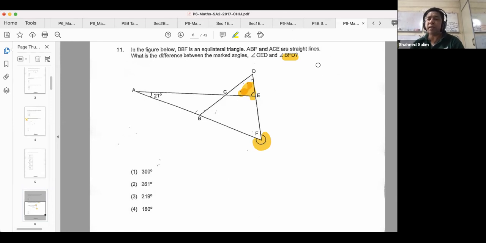How, Zahin? Cannot, Zahin? Clue. Look for the clue. I'm going to underline the clue for you.